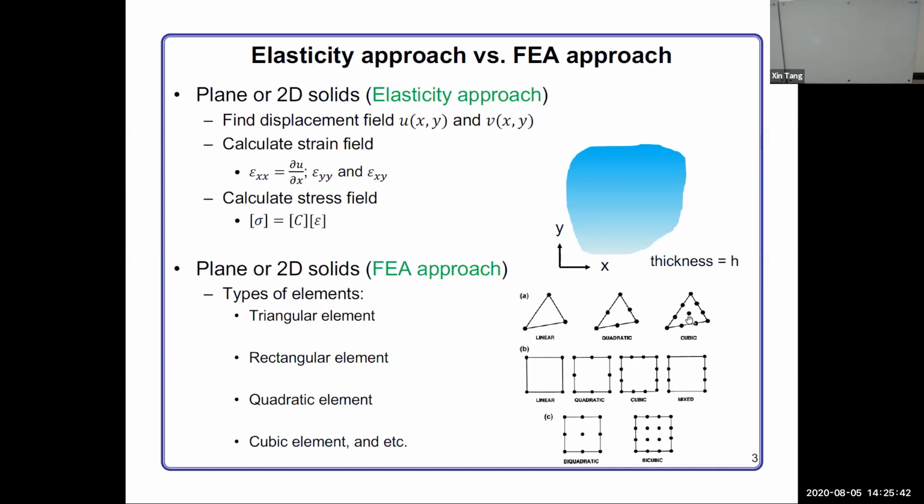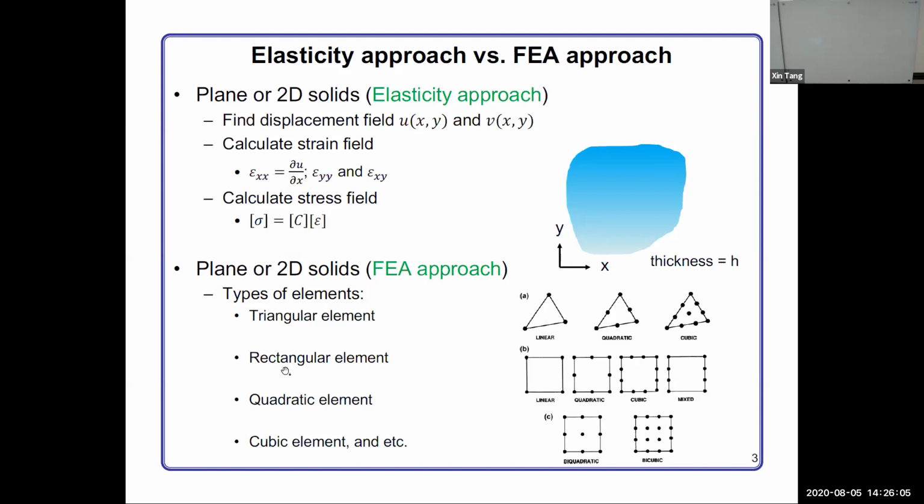You can also add nodes in the center of the triangle elements. All it does is add those nodes to help you more accurately approach the numerical solution. Okay, we will discuss those gradually.